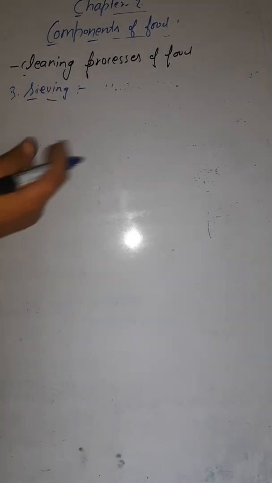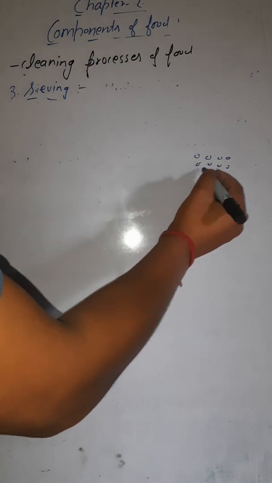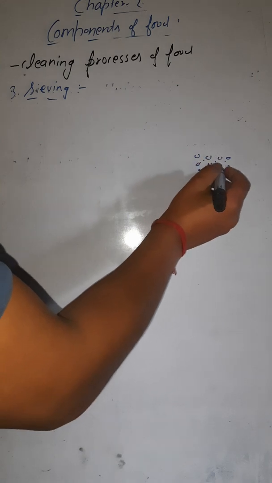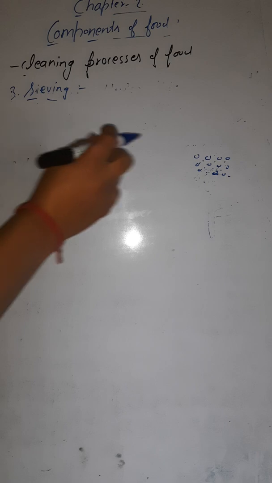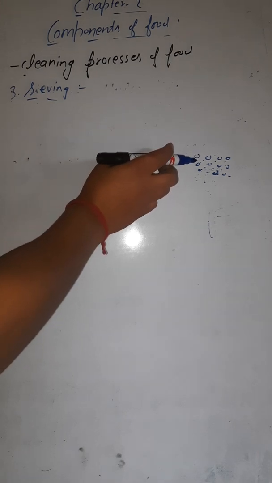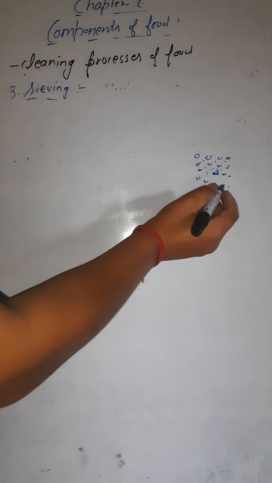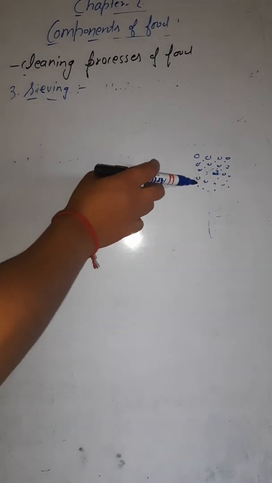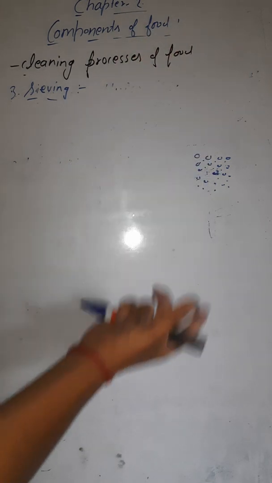Now you have the grains there, but you still have some smaller particles here. These are not small in weight; they are the same in size as the grains, and the weight of these small particles and the bigger ones is the same.